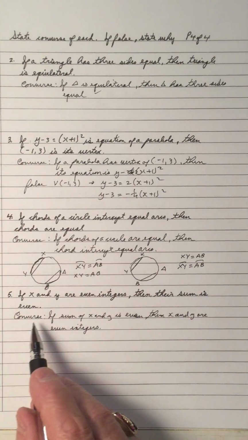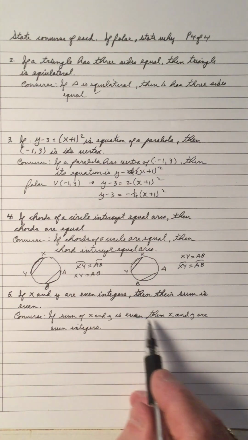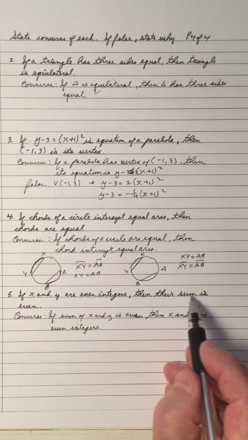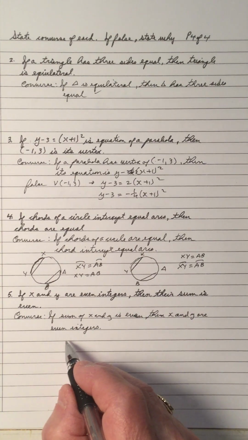So this converse is switched around, so x and y are even integers is in the then, and their sum is even is in the if, and so this is false.